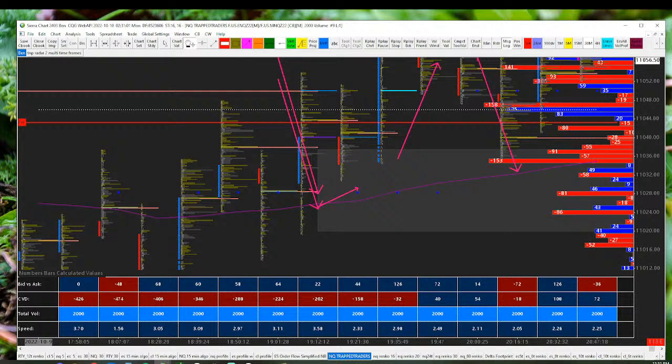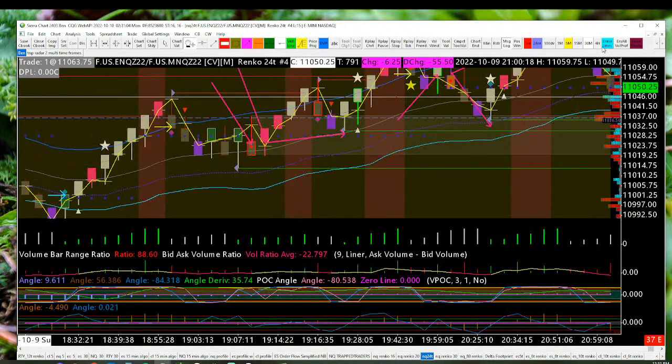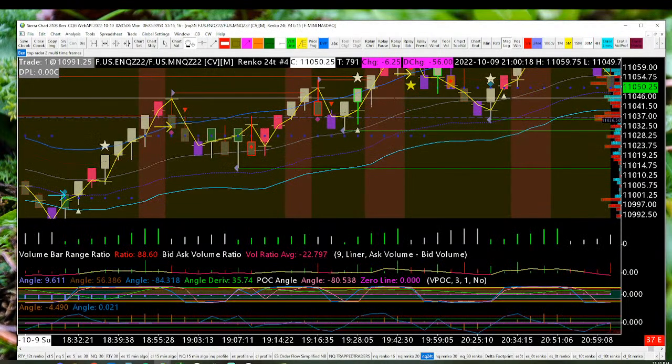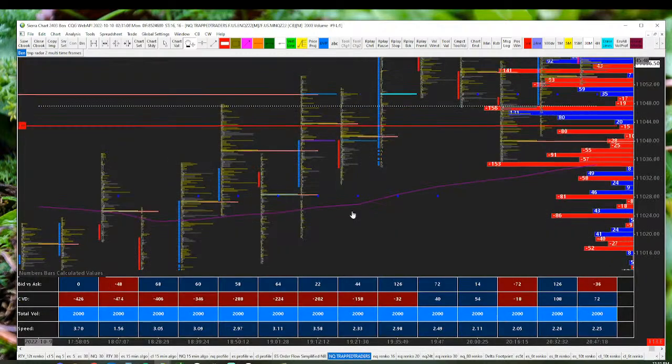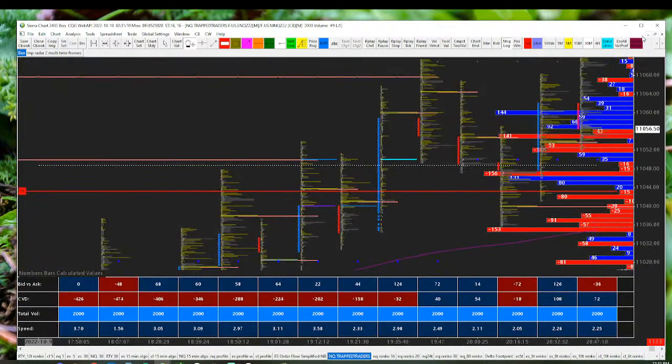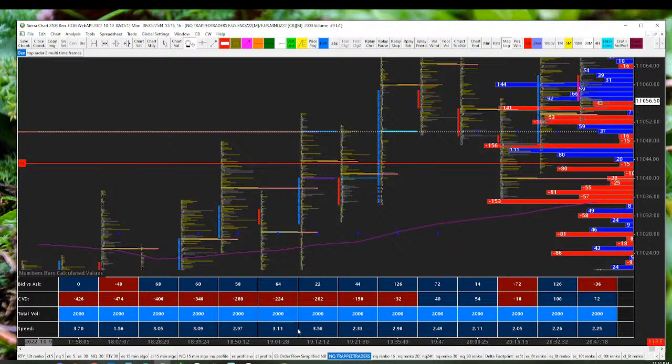Well, I guess I have to erase it here. Okay, so they get trapped at 1912 down here. These guys are trapped from here to what? There, right? You can see it on the footprint.